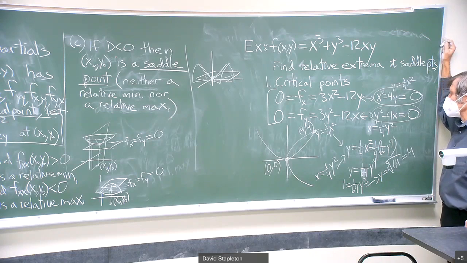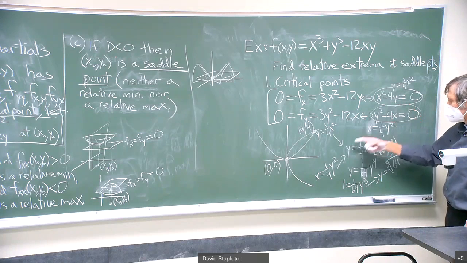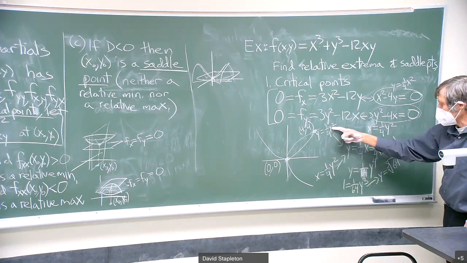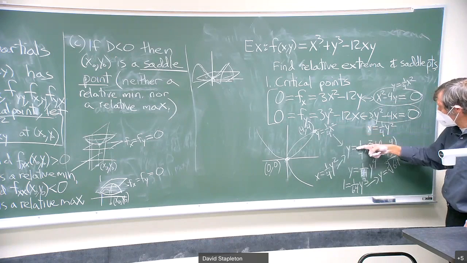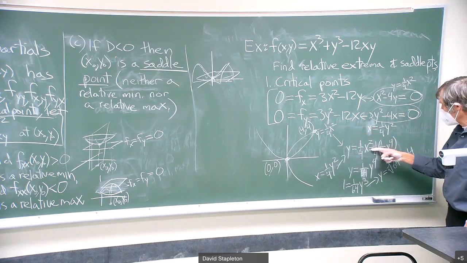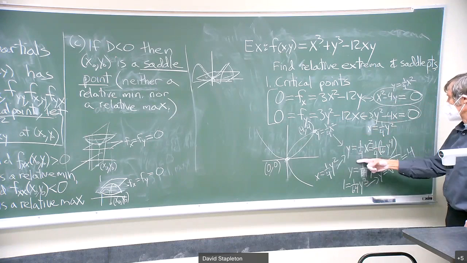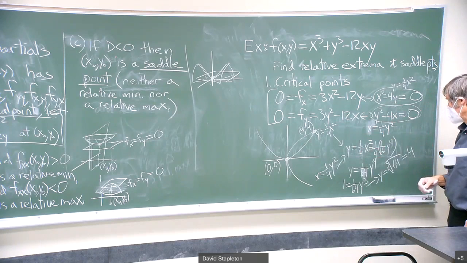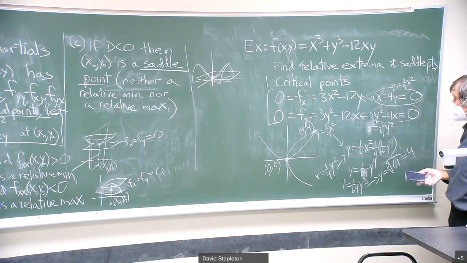The usual way you do it is you solve for one variable in one equation and substitute in the other, and that's what we've done here. Right, y equals 1/4 x squared, but x is 1/4 y squared, so we substitute for x in here and get y equals 1/4 times 1/16 y to the 4th. That's the main technique people use to solve these nonlinear equations. Solve for a variable in one equation, substitute in the other. But beyond that, it's lots of different things. Sometimes you add a multiple of one equation to another and eliminate a variable.